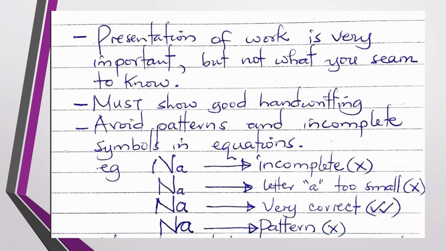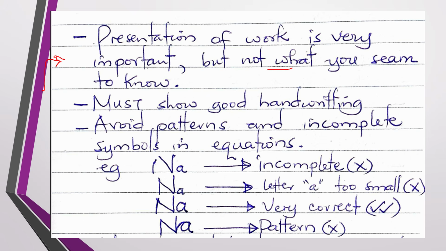Now, the first point you are going to start with: you have been notified that presentation of work is very important. In A level, especially in chemistry paper 1, we are testing students' ability to present exactly what he or she has been asked.